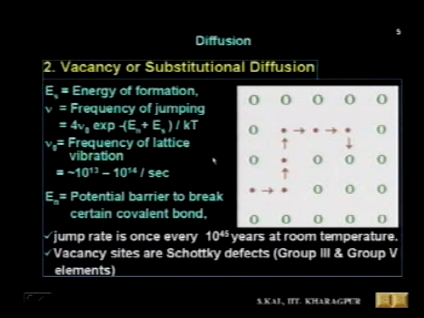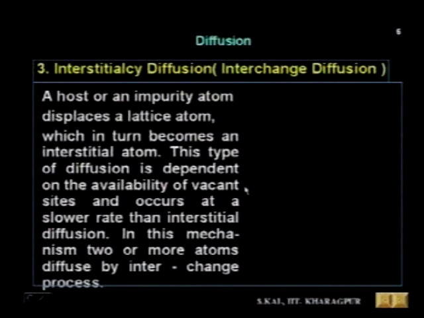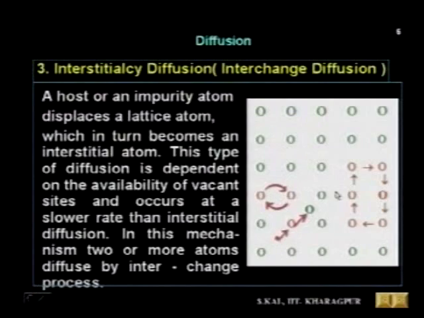Okay. Now, the third one is known as interstitialcy diffusion or interchange diffusion. What is this mechanism? That is shown here. Here basically the impurity atom moves from the interstitial site to the vacancy site, and from the vacancy site the atom moves into the interstitial site.